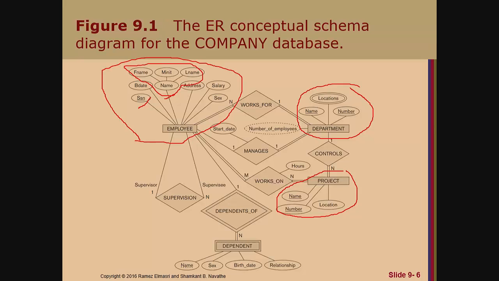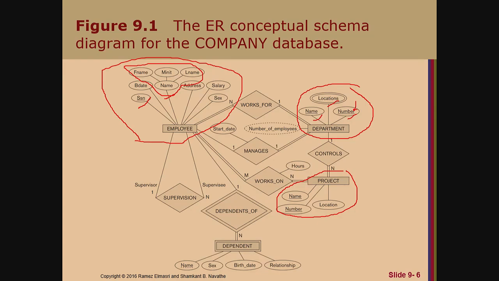Okay. And the other one, department. For department, we have the name of the department, right? It can be a key. And number can be a key, but we select the number as the primary key of the relation department. But location is a multiple-valued attribute.